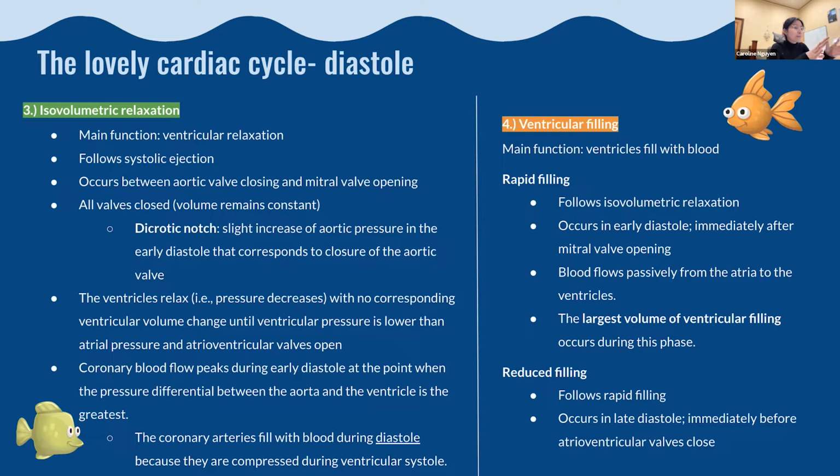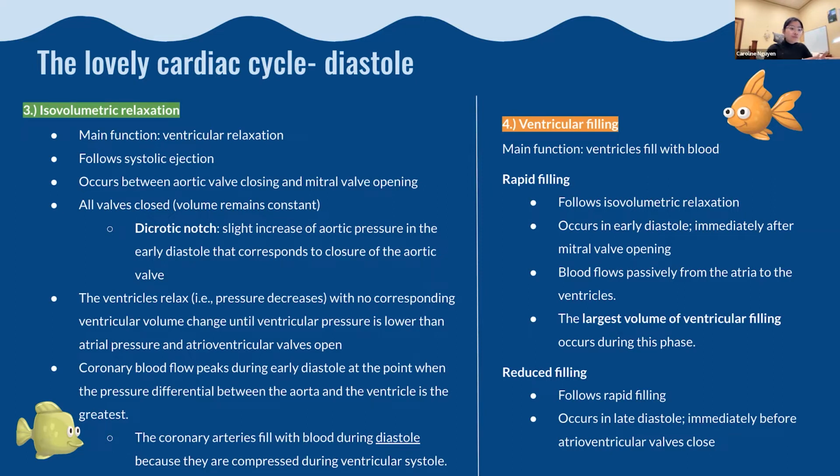So now that the ventricles are relaxed, we need to open the atrioventricular valves, and that's in ventricular filling. So ventricles fill with blood, and it happens in early diastole as soon as the mitral valve opens. Blood flows passively from the atria to the ventricles, and this is where a lot of the ventricular filling happens.